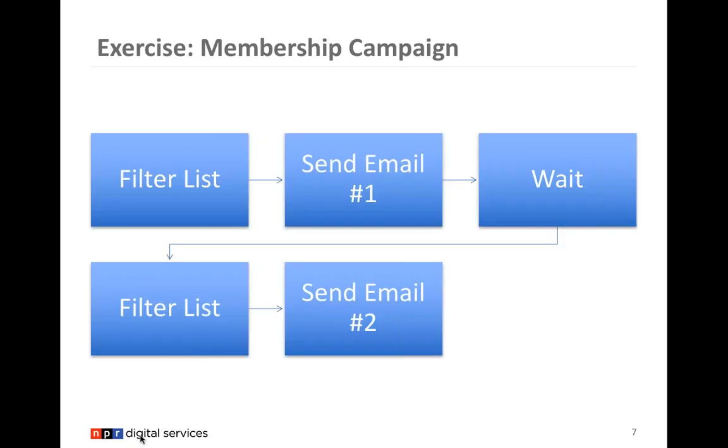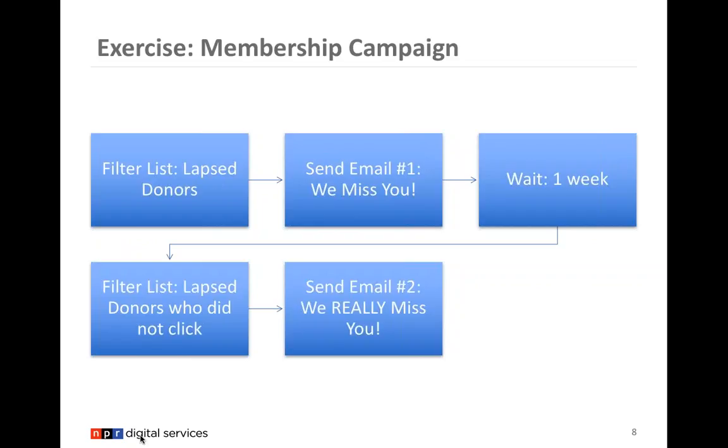So this is a sample of what an automated campaign might look like from Salesforce Marketing Cloud's point of view, where maybe you refresh a filter on your list, send an email to that list, and you wait a certain amount of time. You refilter the list to make sure that it's the most up-to-date contacts again. Maybe you weed out certain contacts in that refiltering of your list, and then you send the second message.